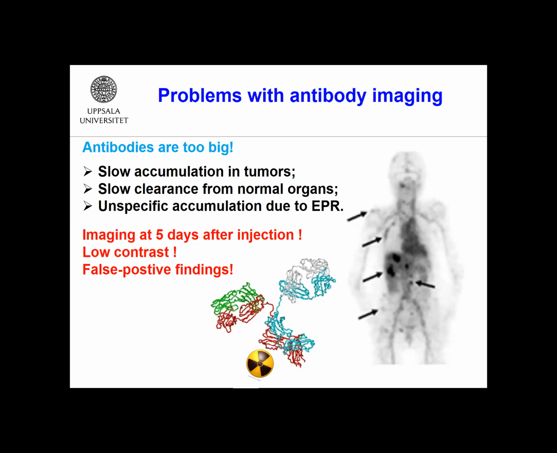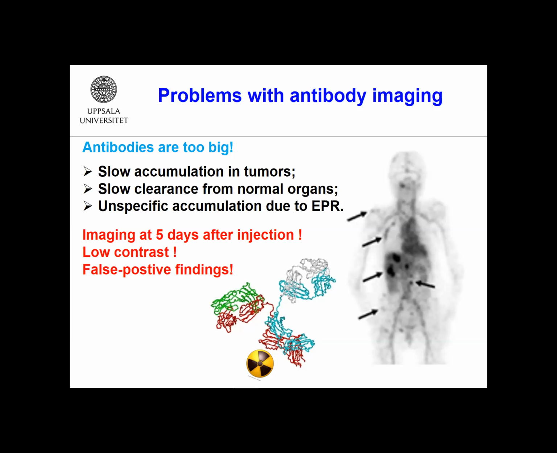However, antibodies are excellent therapeutic agents. They stay long in circulation, they are very specific, and generally speaking, you have a lot of time to reach a target. For imaging, it's not really an advantage. So antibodies are very big, 150 kilodalton.